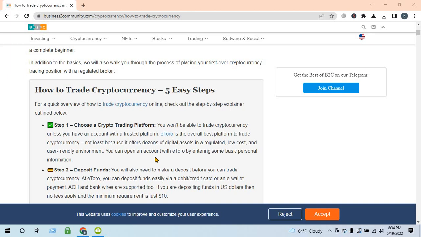You can open an account with eToro by entering some basic personal information.